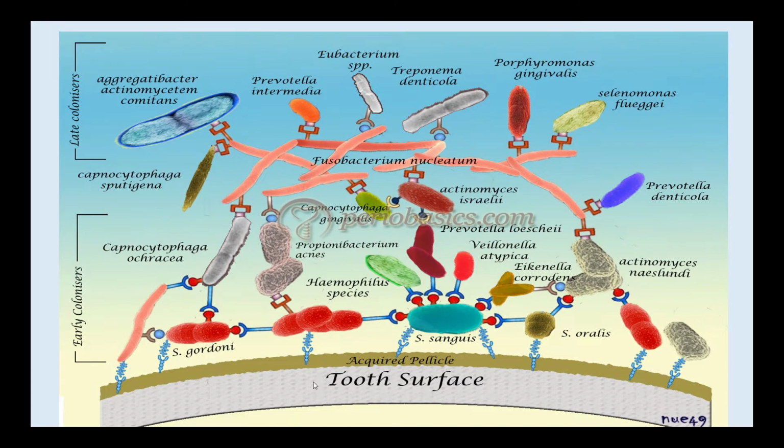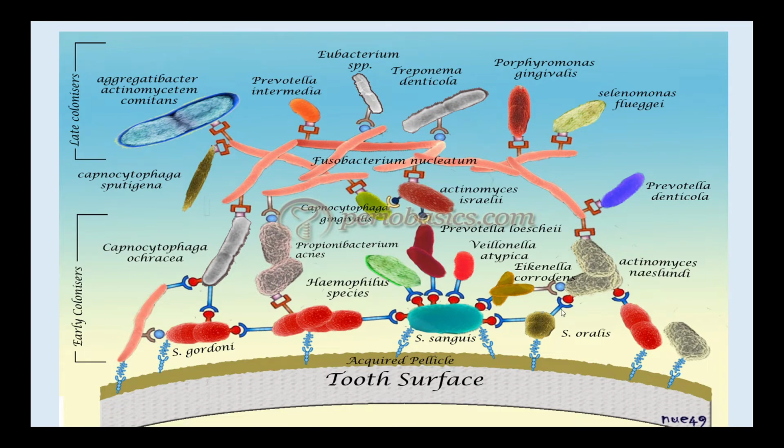On the tooth surface there is the acquired pellicle, as I said, a layer of peptidoglycans. The first Streptococcus which adsorb on the surface are sanguis, mitis, salivarius. Then other bacteria may be added, maybe Capnocytophaga, Haemophilus.